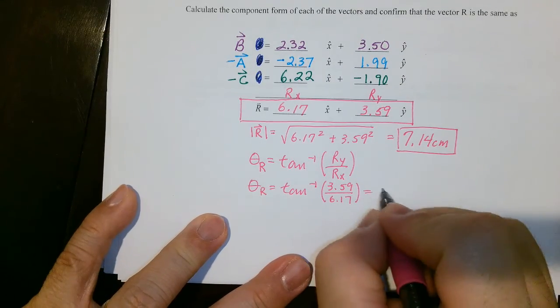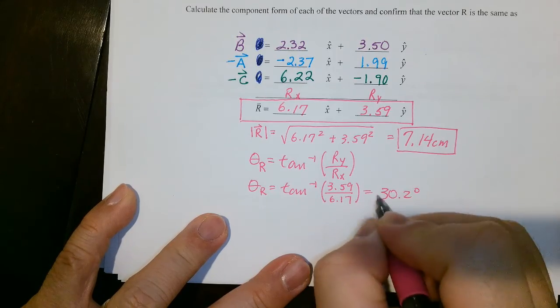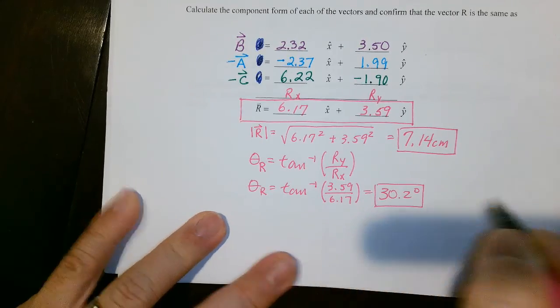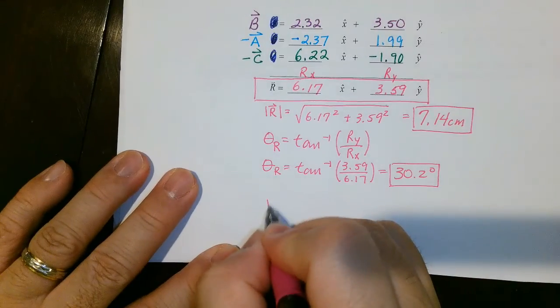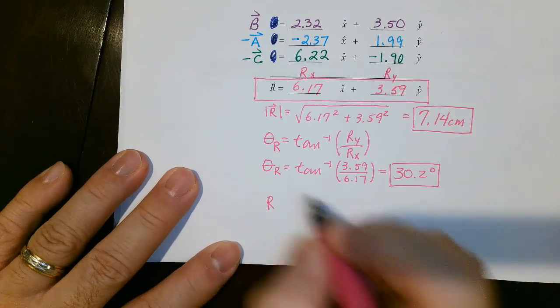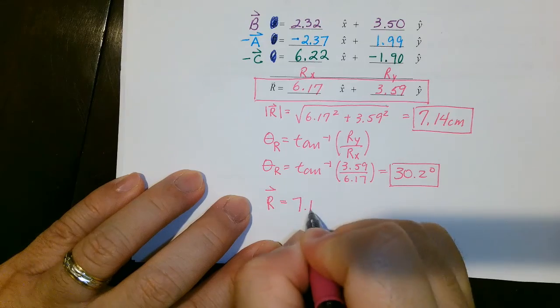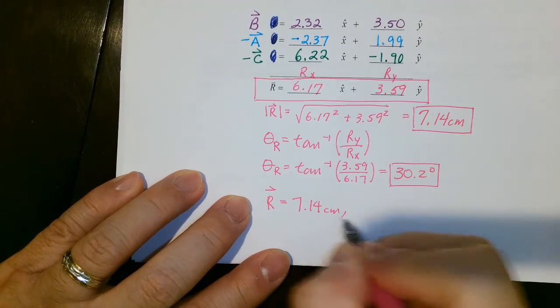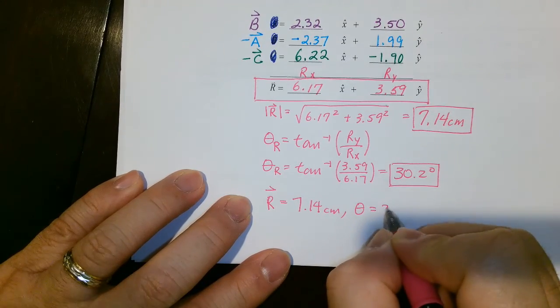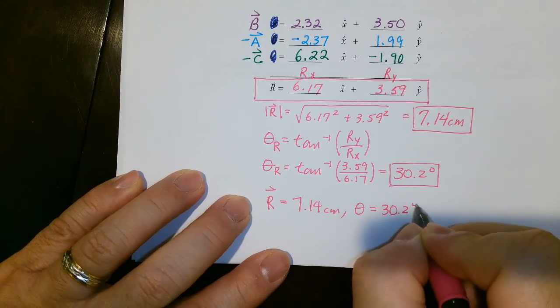And that comes out to 30.2 degrees. Wow, that's again very good. So my resultant vector in polar form would be 7.14 centimeters, theta is equal to 30.2 degrees.